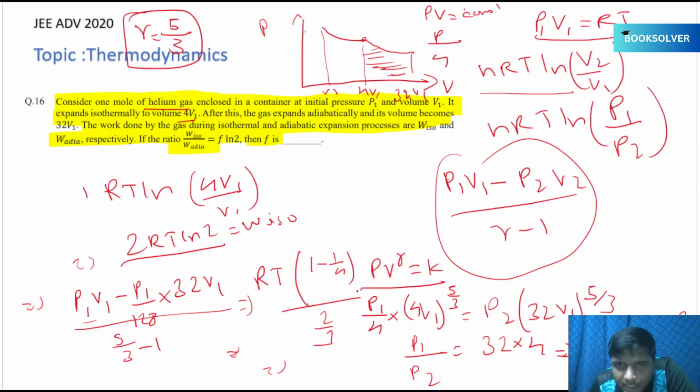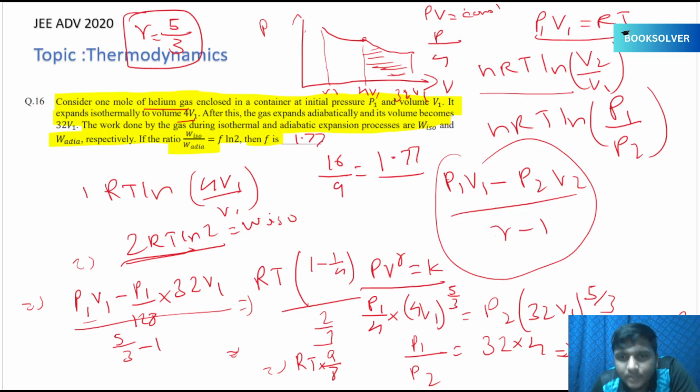So 3 will go there, and we get RT times 9 by 8. Hence, the isothermal work was 2 RT ln 2 and the adiabatic became 9 by 8 RT. So W-ISO by W-AD will be equal to 16 ln 2 by 9, that is 1.6377, something like that. This should be the answer. Thank you, everyone.